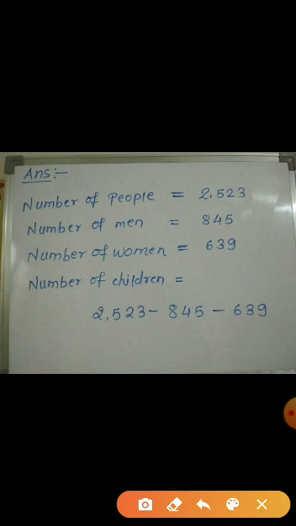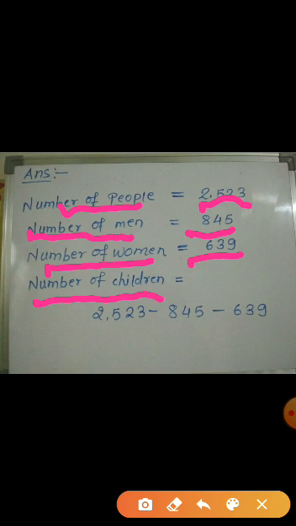See here what I have written. First, the number of people, 2523. Then the number of men, 845. Then the number of women, 639. And we have to find the number of children. So you subtract the number of men and women from the total number of people.